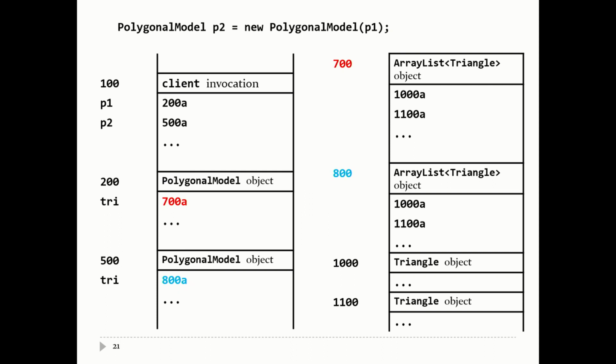That's why that model is an aggregation of these two triangles, and that model is an aggregation of those two triangles. Neither model actually owns those two triangles. They own their own lists, but they don't own the triangles that are in the list.